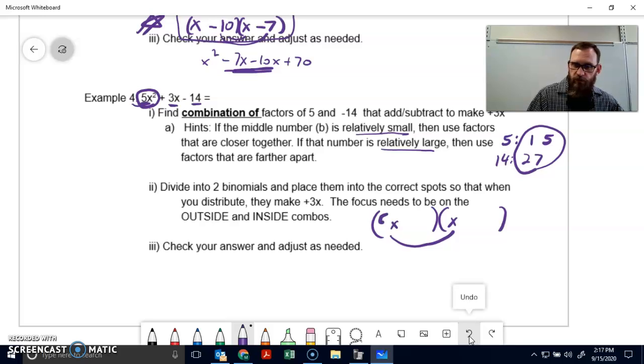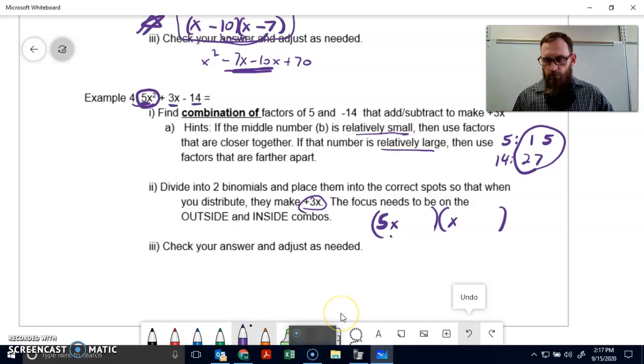The outside is going to give me 35 if I have 7 here and 2 here. I don't want 35. That's nowhere near 3. That's not going to work. So we're going to put the 2 here. And we're going to put the 7 here.